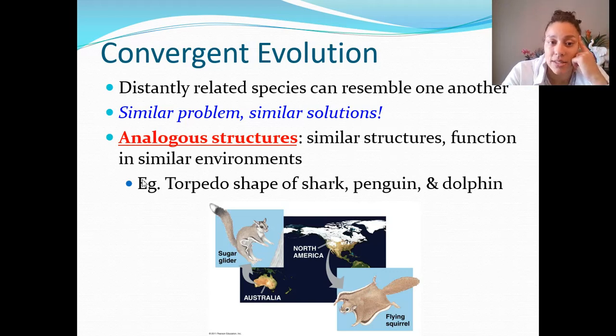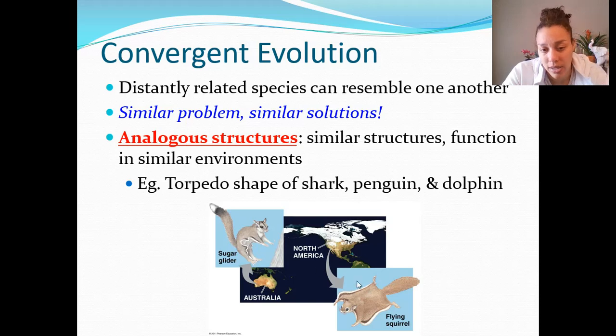And that has to do with, again, another anatomy piece called analogous structures. So we're going to see similar structures that lead to similar functions in similar environments. So we've got the shark, the penguin, the dolphin. That would be an example of all that.